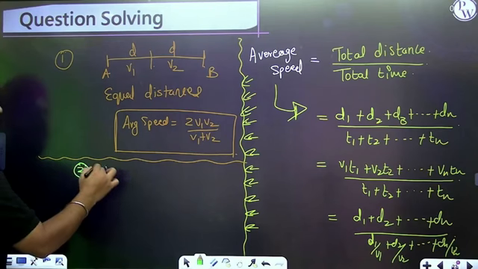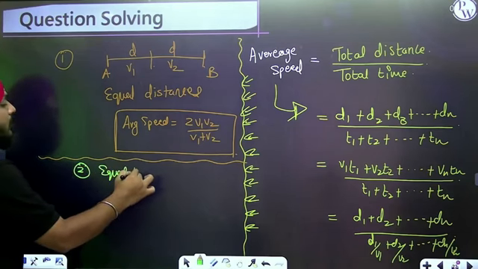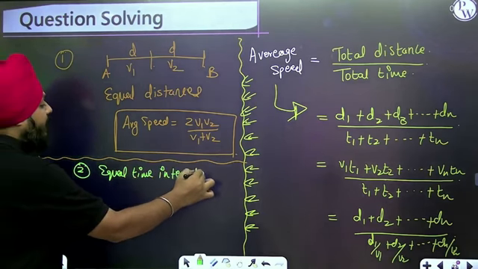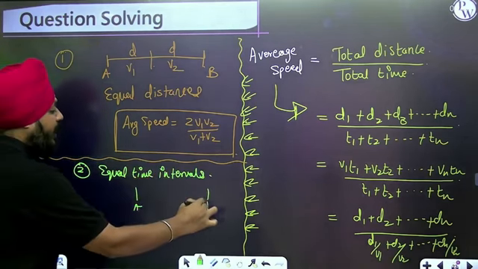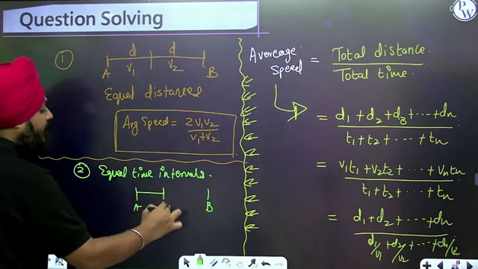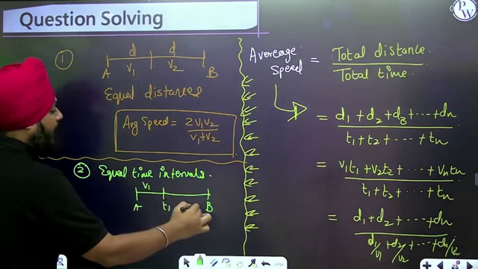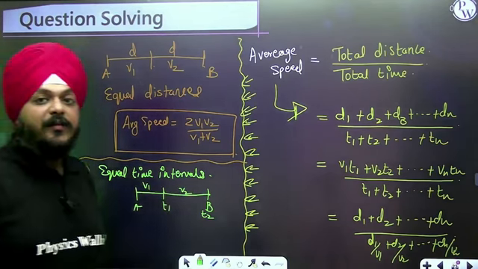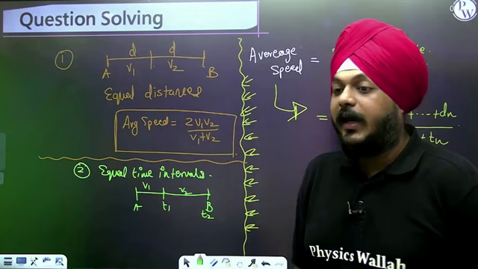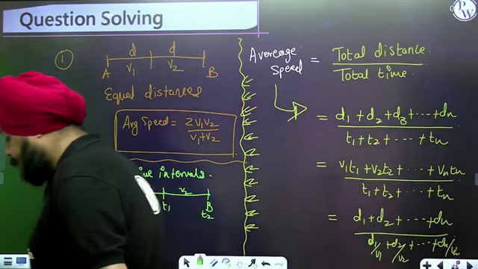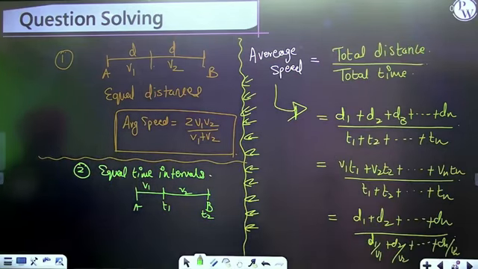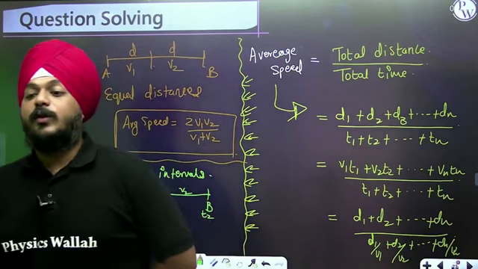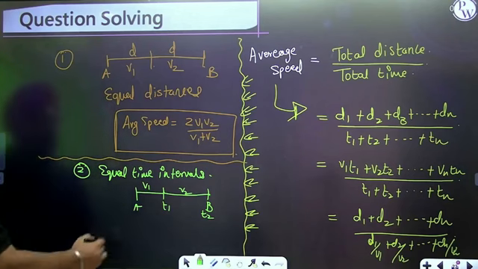Second is equal time intervals. Distance doesn't matter. Object starts from A, ends at B. For time t1 it is moving with speed v1. For time t2 it is moving with speed v2, and so on. So in this case, how do we define the direct formula of the average speed?